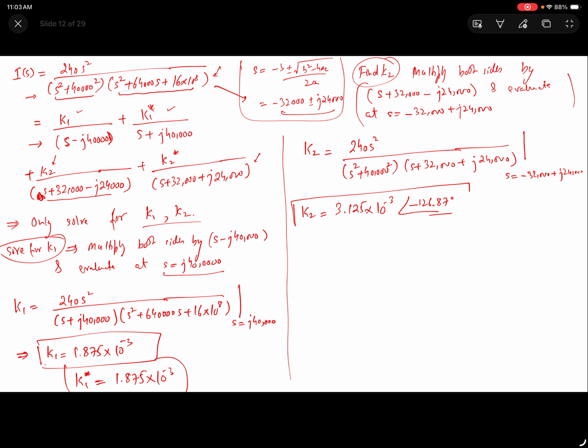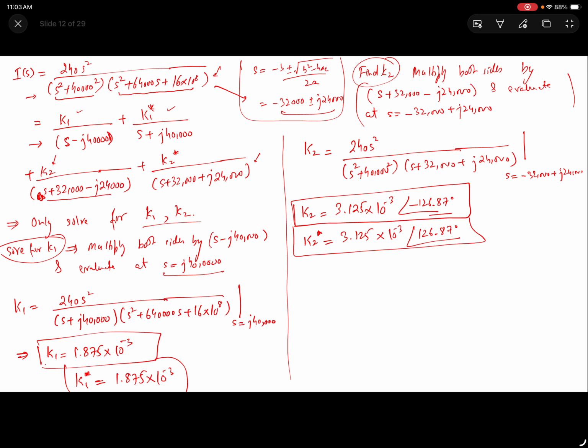So you got k2, and interestingly, k2 prime would be 3.125 times 10 to the minus 3, the modulus value remains the same, and the angle will change. So you got the values of k1 and k2 as well.